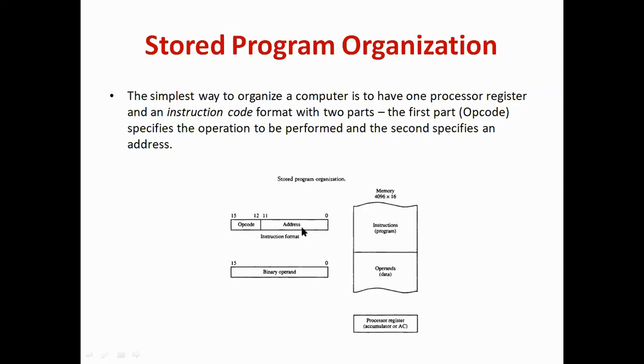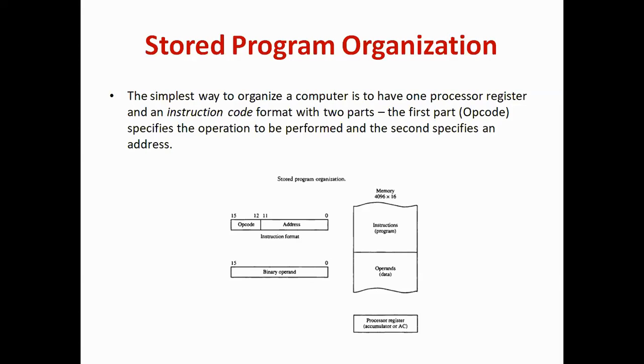It may be a direct address or an indirect address. A direct address means that when we go to that address in memory, we will find the operand. Indirect address means that if we go to this place in memory, there we will find the address of the operand. And so this is an indirect address.